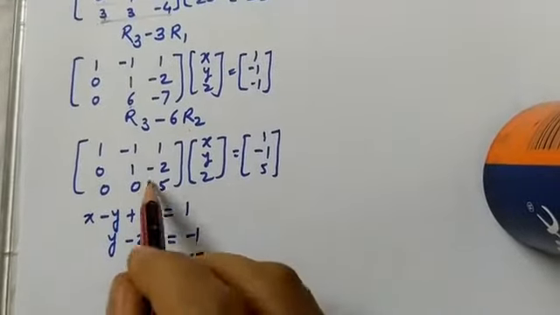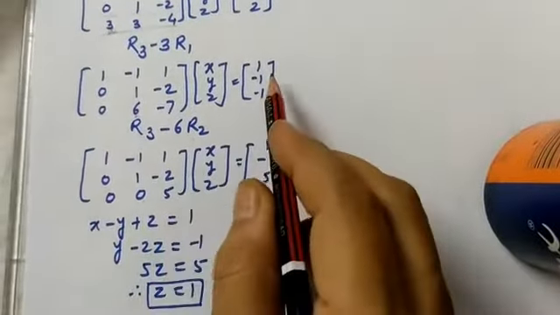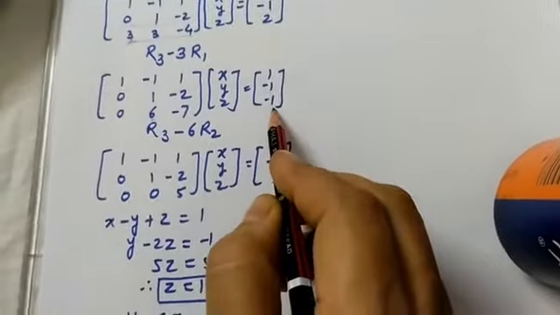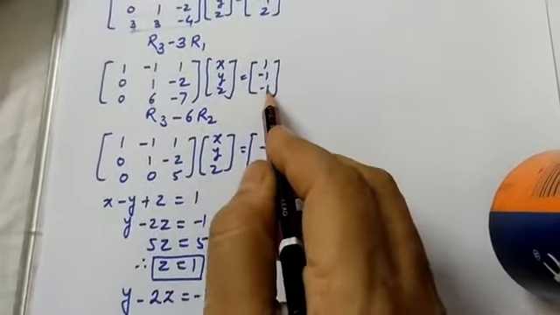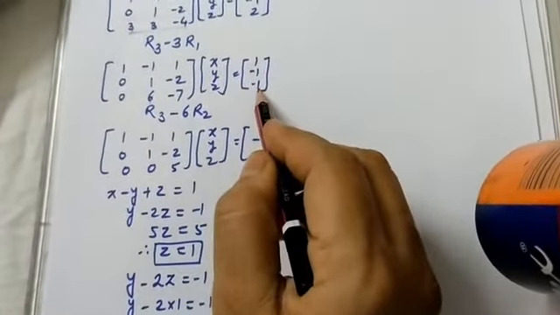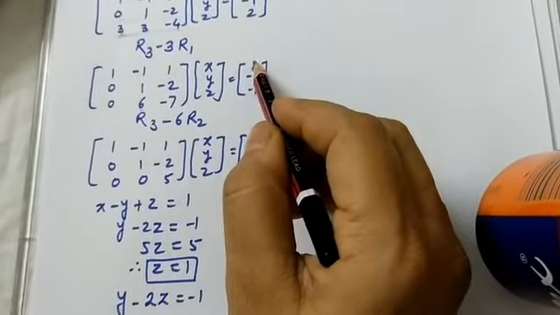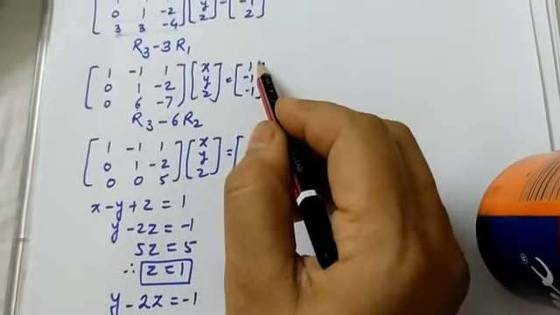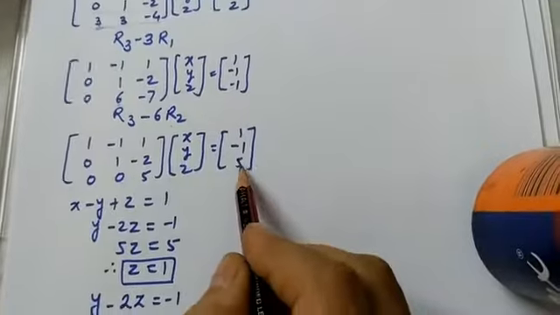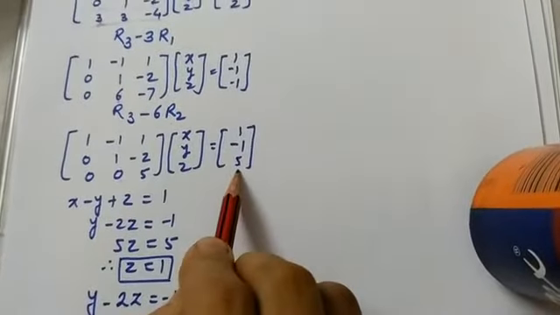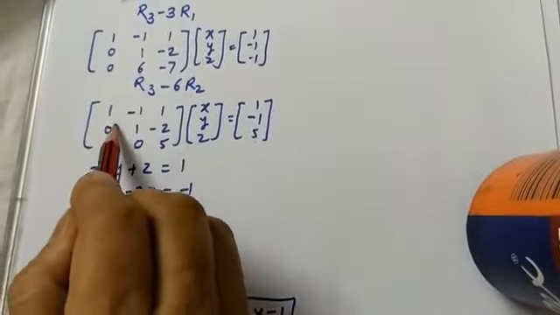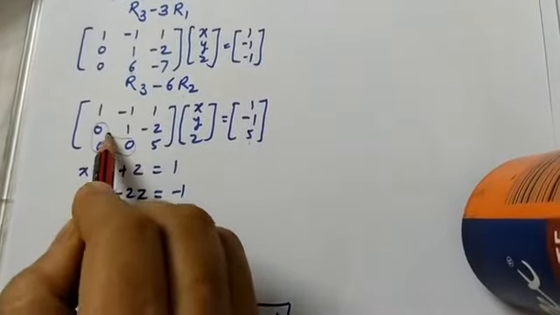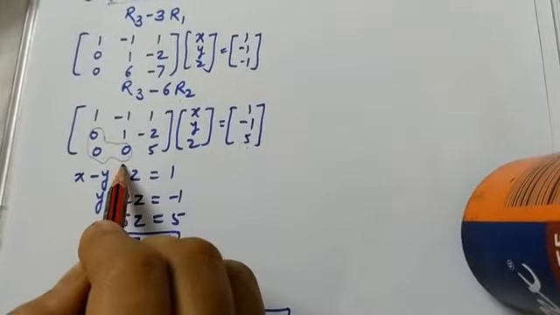Similarly, the same operations are performed on the RHS also. For R3, minus 1 multiplied by minus 1 gives the value 5. Therefore we have these 3 places as 0, as required.